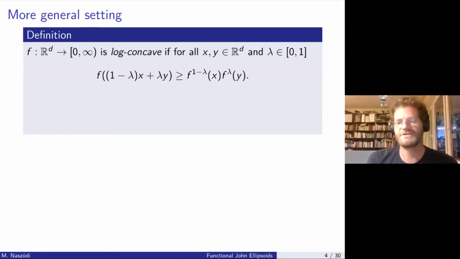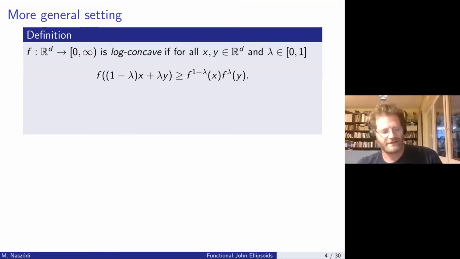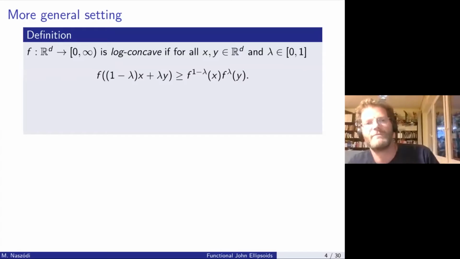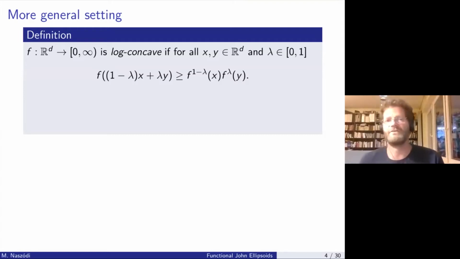So now the question is, it's a general idea in functional analysis or convex geometry to go from convex bodies to log-concave functions. When you have some fact about convex bodies, you want to ask if the same thing, or something analogous, will hold for logarithmically concave functions.